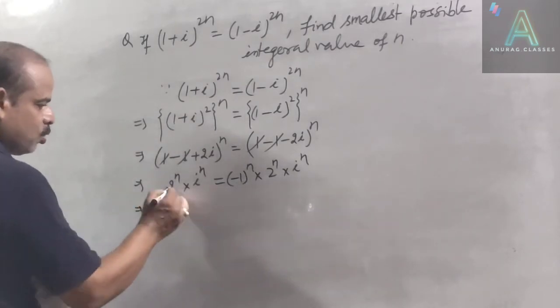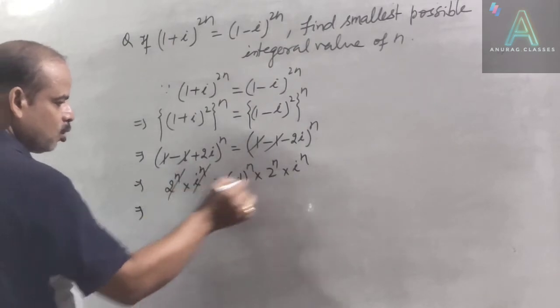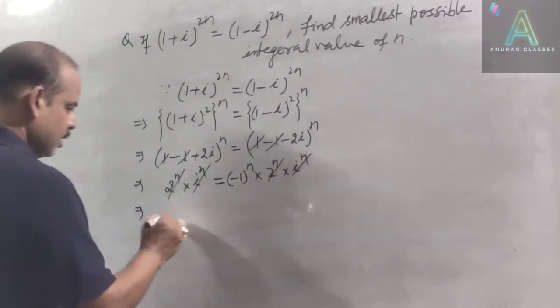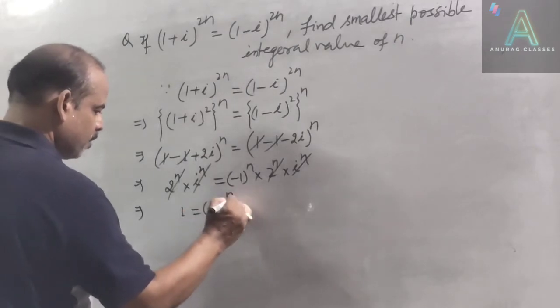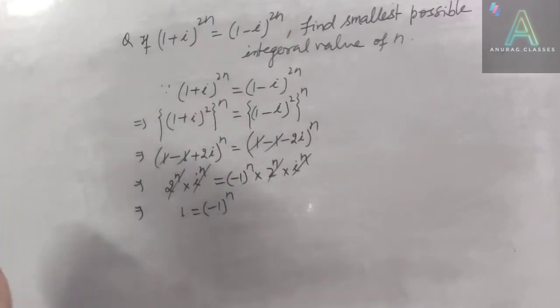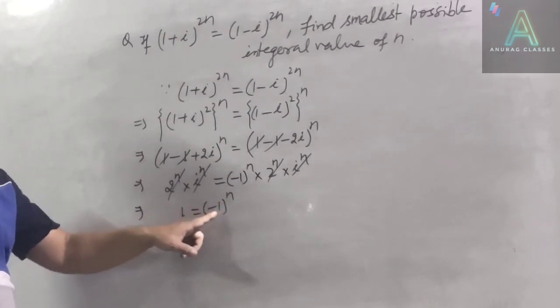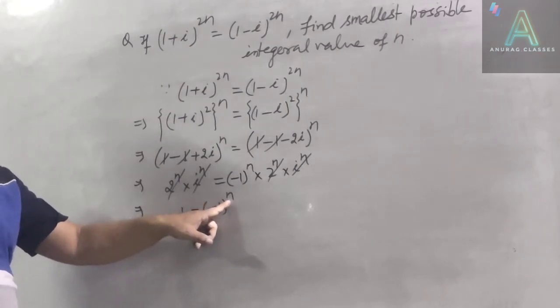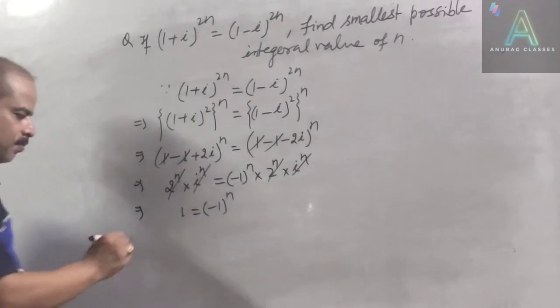Now student, 2 to the power n and iota to the power n should be cancelled from both sides. Then we are left with 1 is equal to (-1) to the power n. So we all know that for an even value of n, minus 1 raised to any even power is equal to 1.